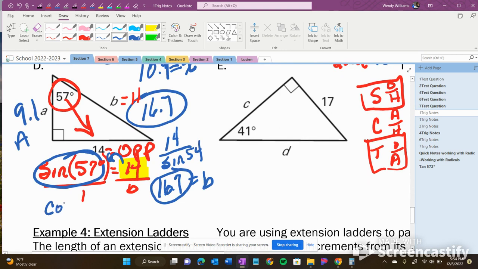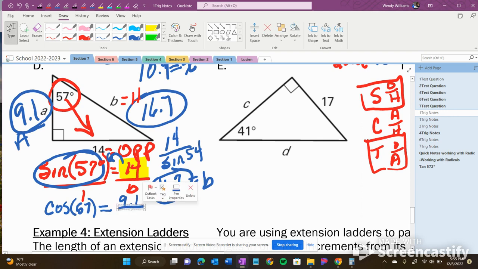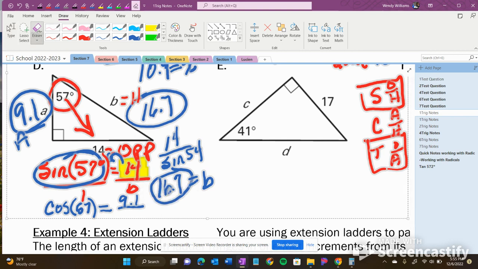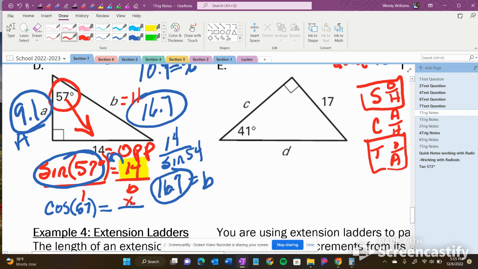So if I have cosine of 57 degrees, it's going to equal adjacent over hypotenuse. I know it's 9.1, but I'm going to pretend like we don't know it's 9.1. And since the x is on the top, this simply becomes cross multiplication. No dividing necessary.